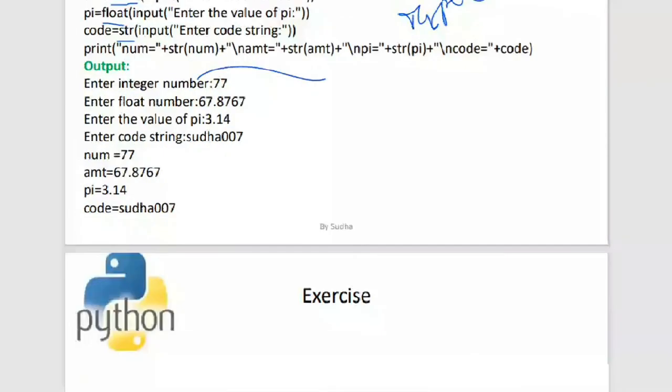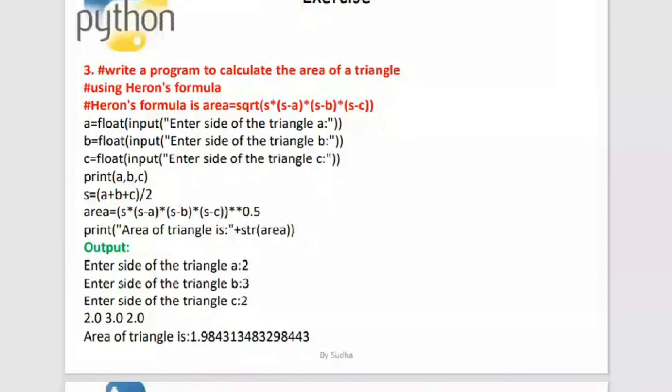Now coming to the third program. The third program says write a program to calculate the area of a triangle. The area of the triangle is given by a formula over here, so just use this formula. In this formula we have S and we have A, B and C. S is calculated based on the values of A, B and C. So we are reading the values of A, B and C as floating values.